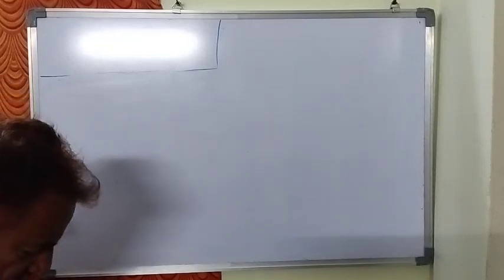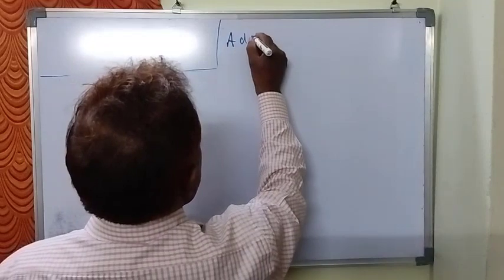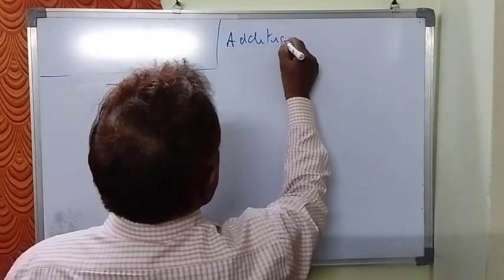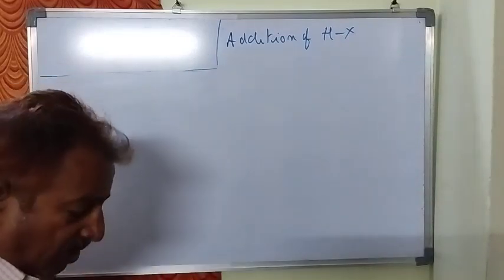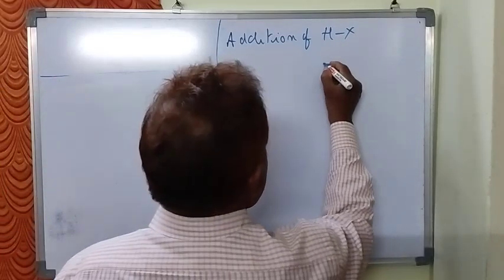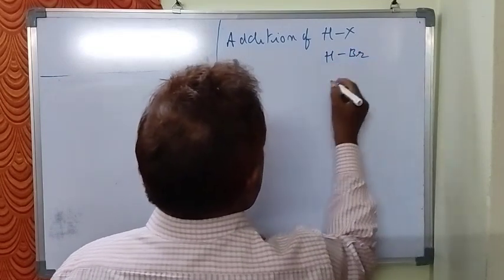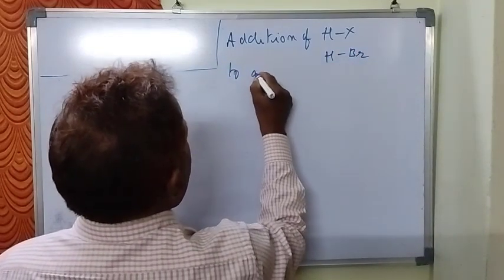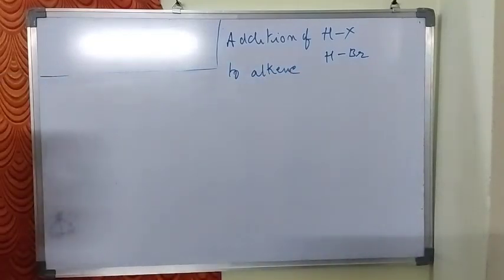Now in scheme 1, let us take another reagent, that is addition of hydrogen halide. Let us take X as halogen atom, let us take bromine. Addition of HBr to alkene. We have two rules here.